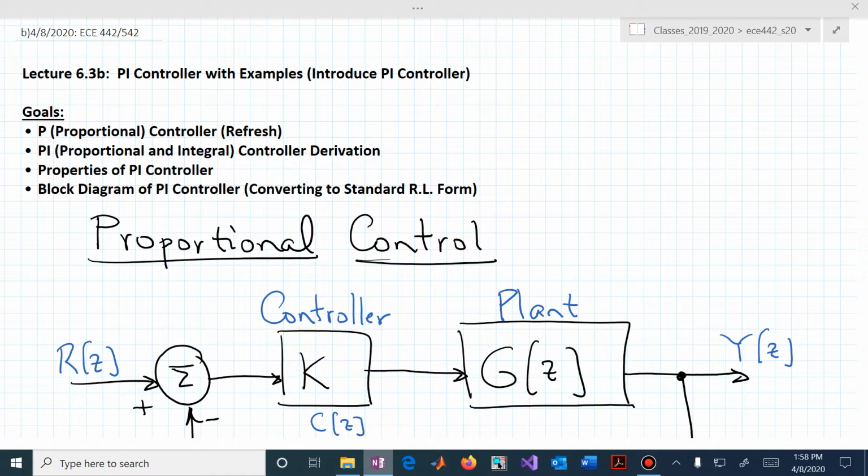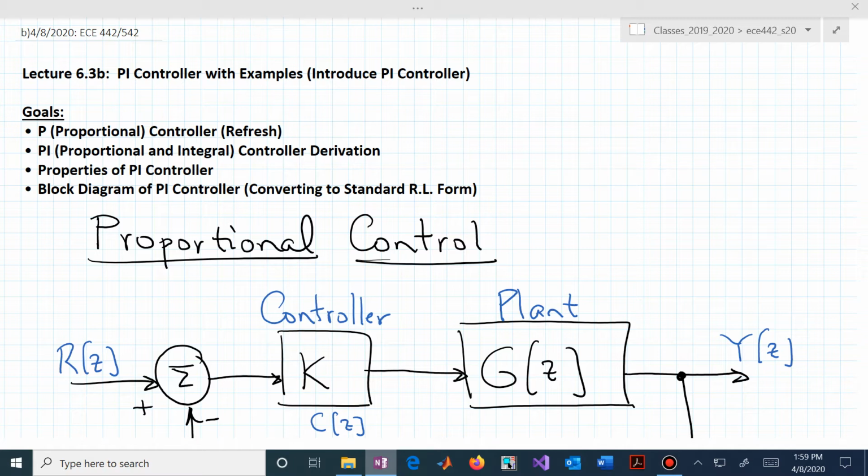In this particular segment of lecture 6.3b, we will introduce the PI controller, and the way that we will do that is we will refresh our memory on the proportional controller, block diagram, and how it's structured. Then we will introduce the PI controller, or actually derive where this PI controller is coming from.